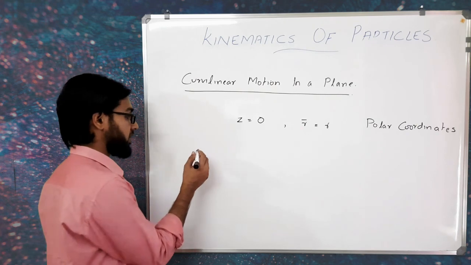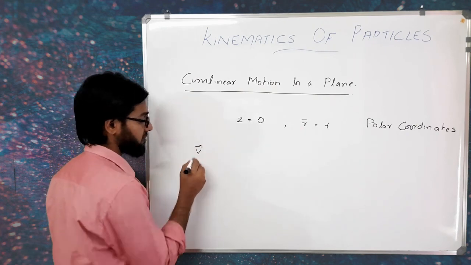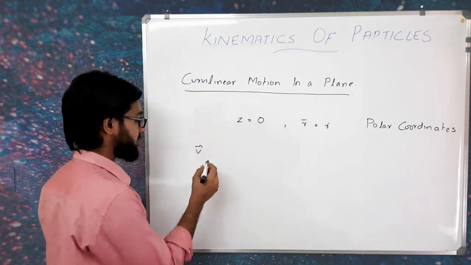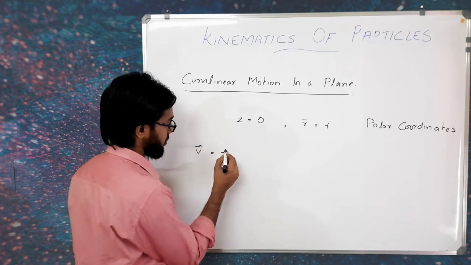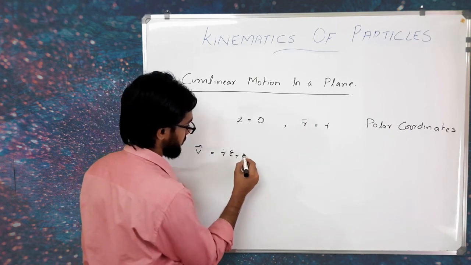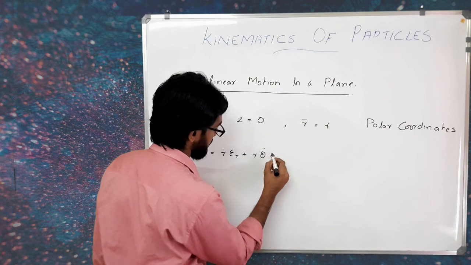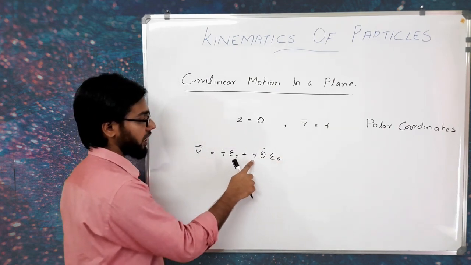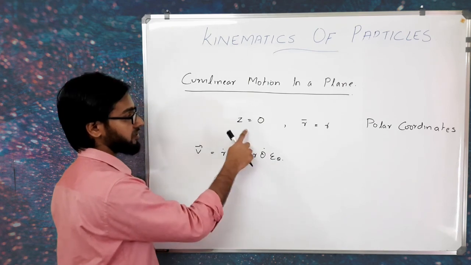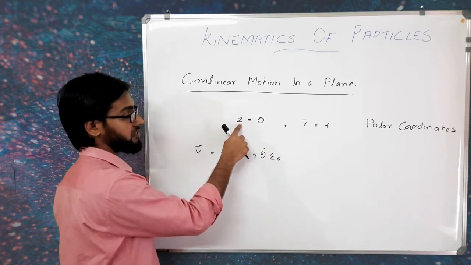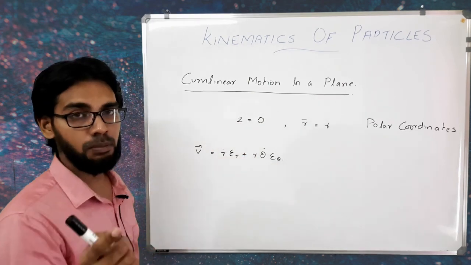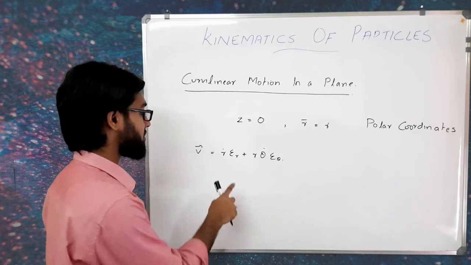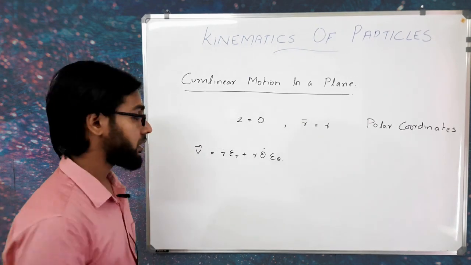So the velocity and the acceleration vectors here shall be given as r dot epsilon r plus r theta dot epsilon theta. Since the value of z is equal to 0, z dot and z double dot will all be equal to 0. As such, we will get the value here.